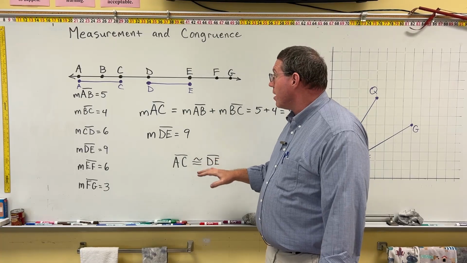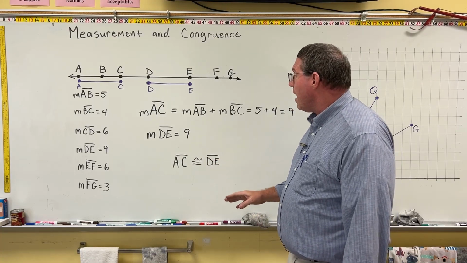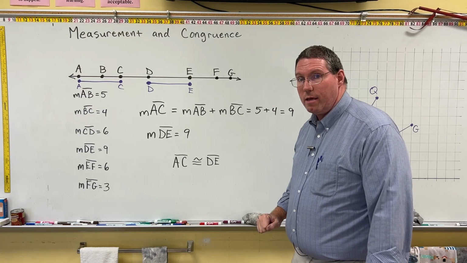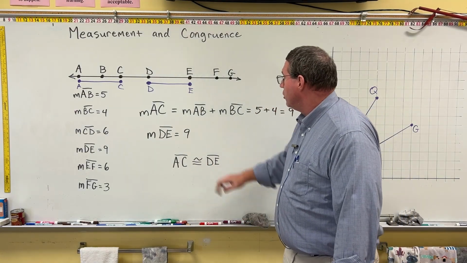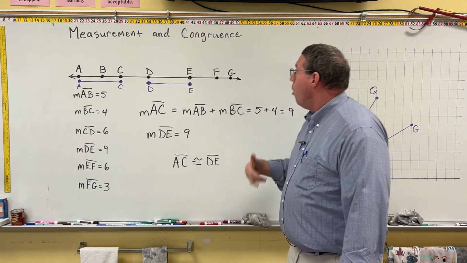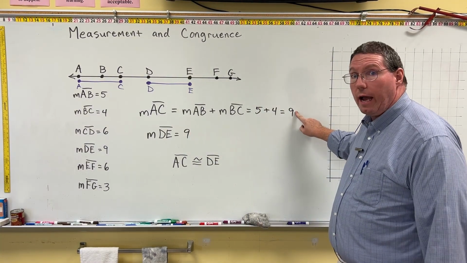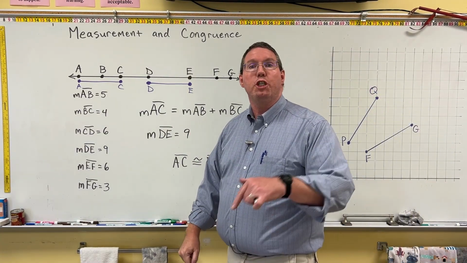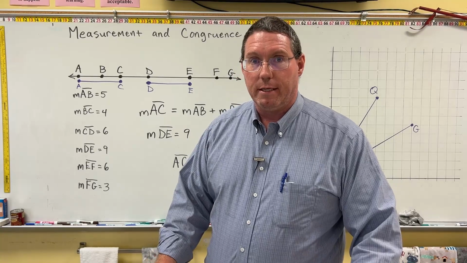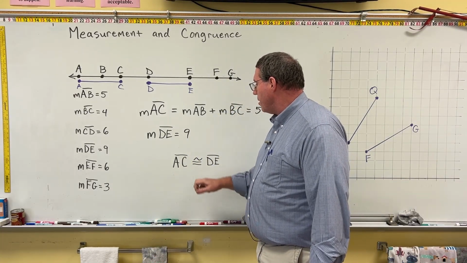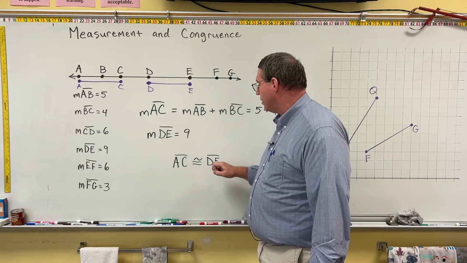So the measures are equal. But what we would say is that the segment itself, segment AC, is congruent to segment DE. Why? Because it's the same size, 9, and it's the same shape, segment.